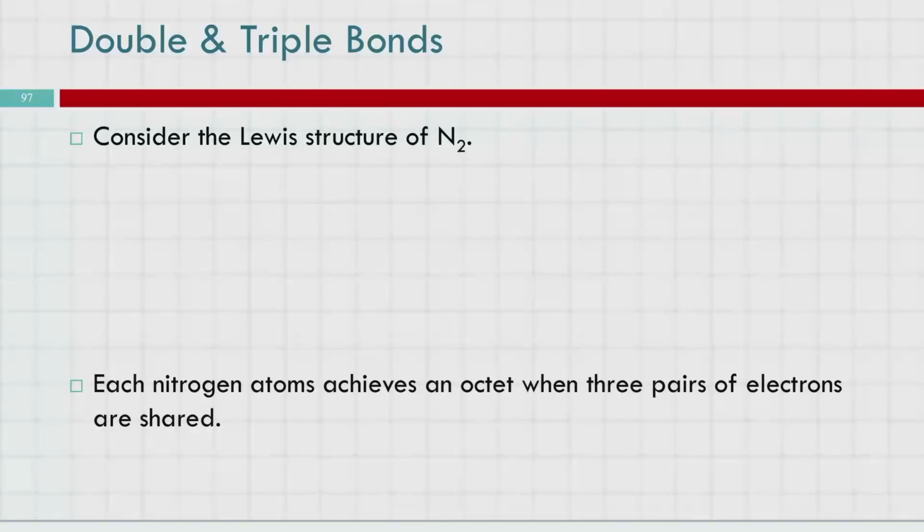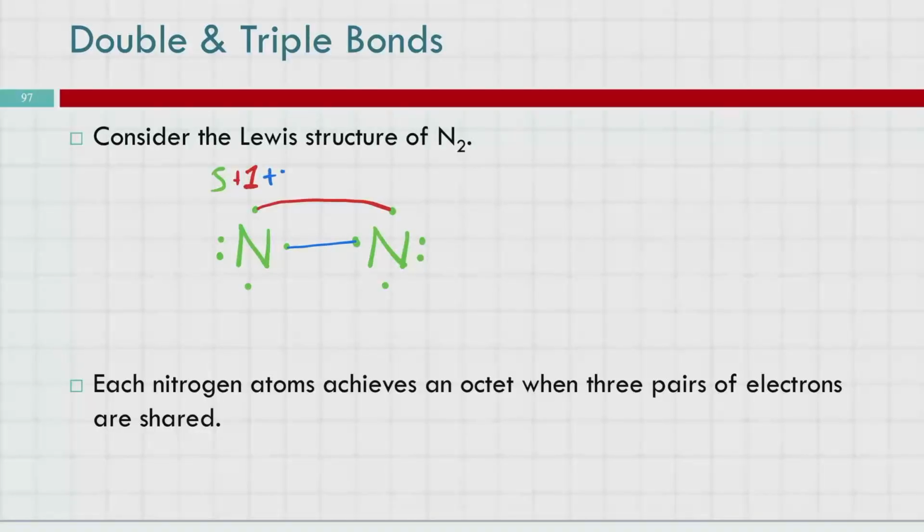So nitrogen, we just talked about, has 5 valence electrons. So if we have 2 nitrogens next to each other, if we share 1 pair of electrons, initially we had 5, we gain 1 because now we're sharing with the neighboring nitrogen. So now we would be up to 6. And 6 is not satisfactory.